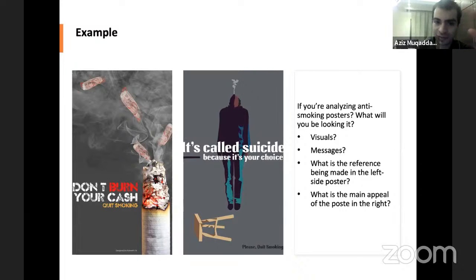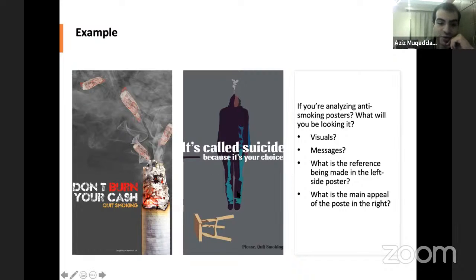Or a heart rate chart. Those could be just visuals, right? Or look at the colors. But if you're looking into the text or the messages, what are the messages trying to say? What's the appeal being employed in order to promote quitting smoking? Those then become interpretive operations. You interpret the message before you're able to categorize it.